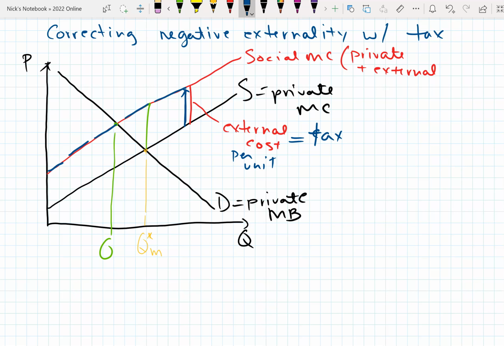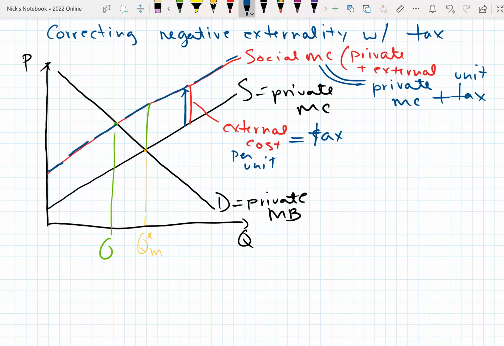So this new dotted line is the supply that equals private marginal cost plus this unit tax.